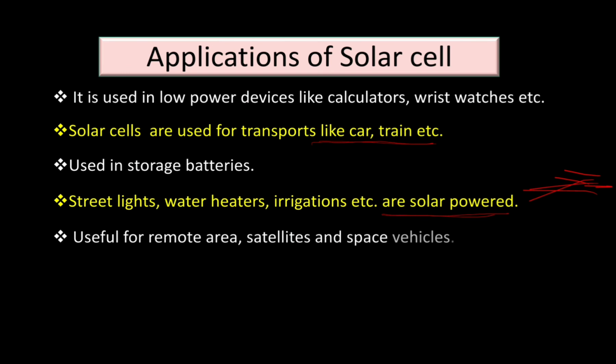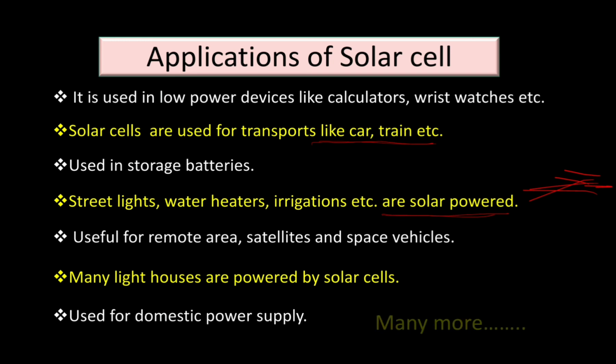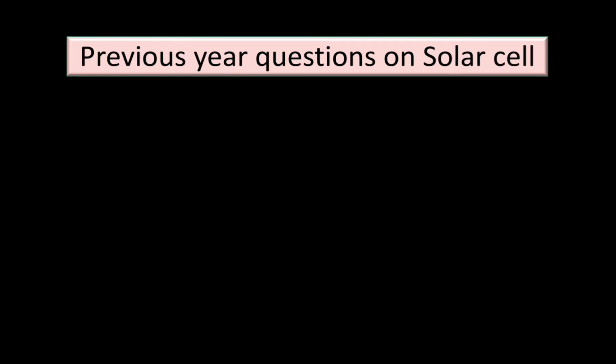It is useful for remote areas, satellites and space vehicles. Many lighthouses are powered by solar cell. Lighthouses means from where we can navigate the ships, etc. So those lighthouses are also powered by solar cells, used for domestic power supply as well. These are few applications of solar cell. Many more are there. Hope you enjoyed the journey of solar cell.